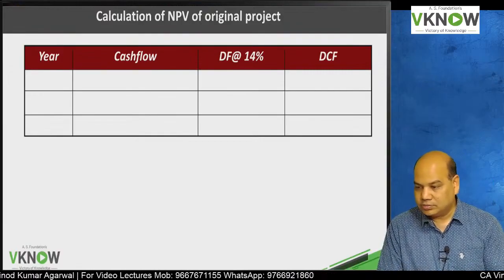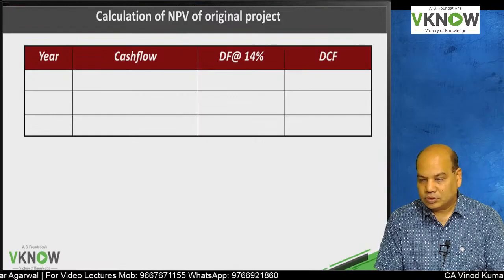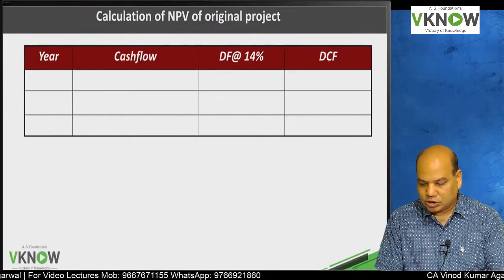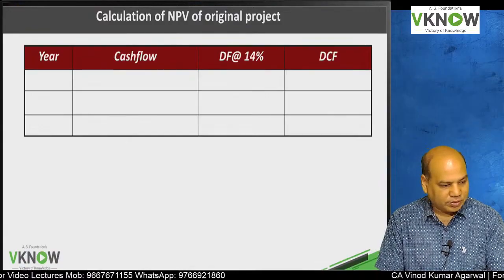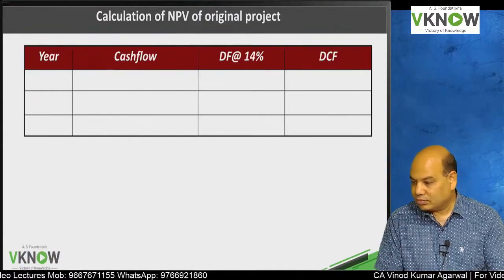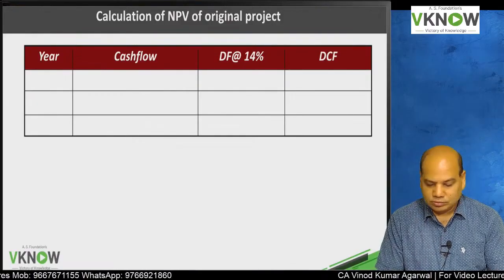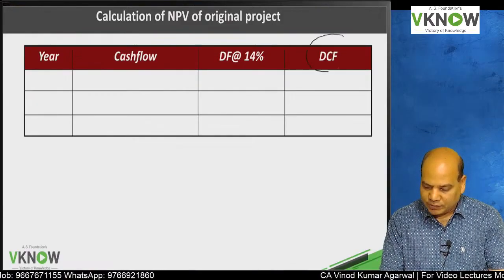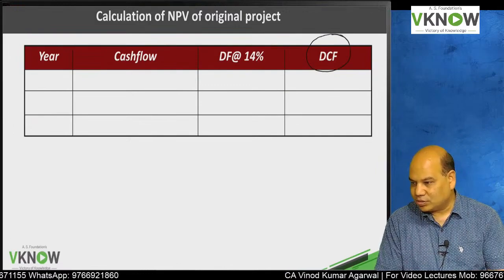Under that write down 4 columns: year, cash flow, discounting factor at 14%, discounted cash flow. You can write present value also here.